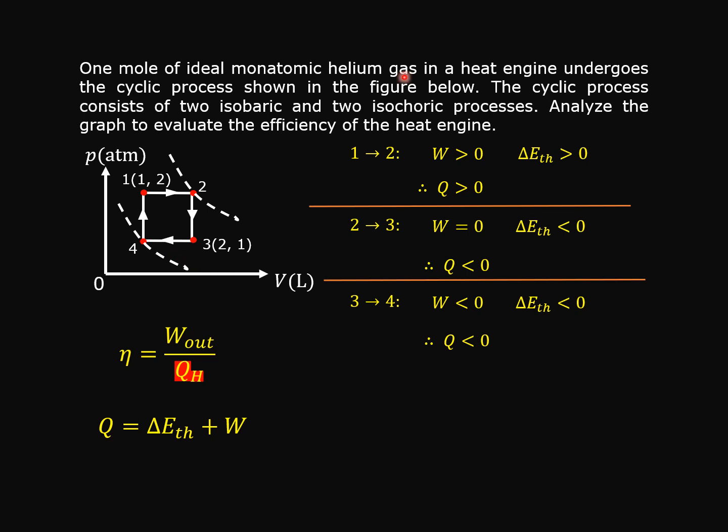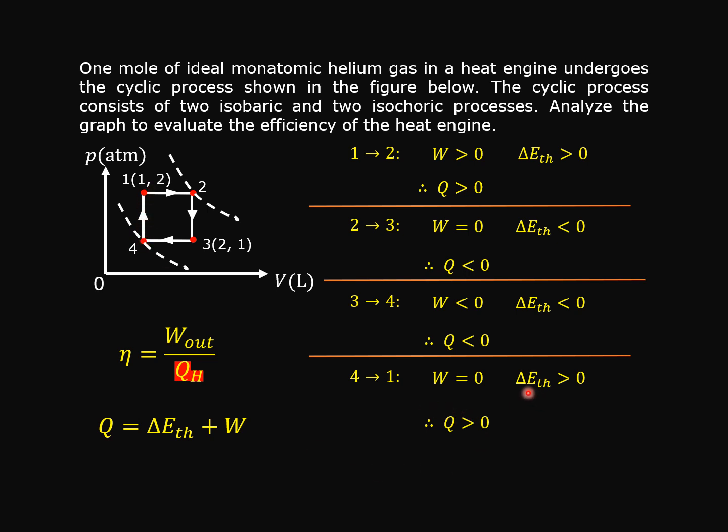And from state 4 to state 1, this is isochoric heating. Why is it heating? Because the temperature increases from state 4 to state 1. So the internal energy change is a positive value. And again, because this is the vertical line, there is no area on the graph, there is no change of the volume.